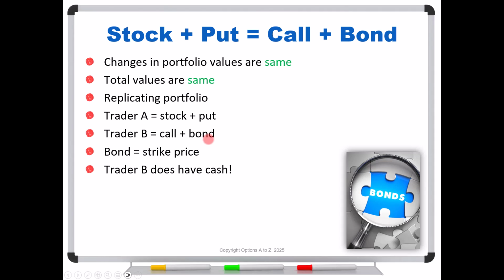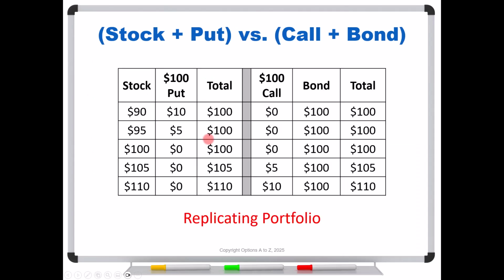So let's take a look at the replicating portfolio. Now everything to the left of this gray bar right here is exactly the same that we saw before. This is Trader A. Here's stock plus put, there's the totals. But now look at Trader B. This is what we saw before, the call options, but now he's got this cash.